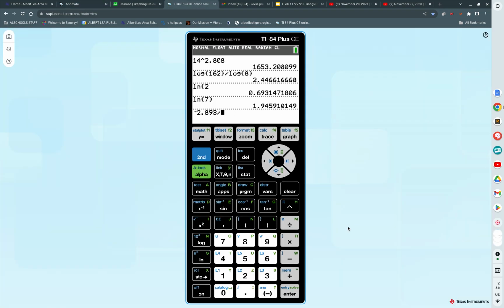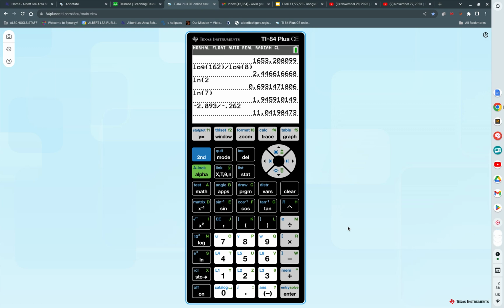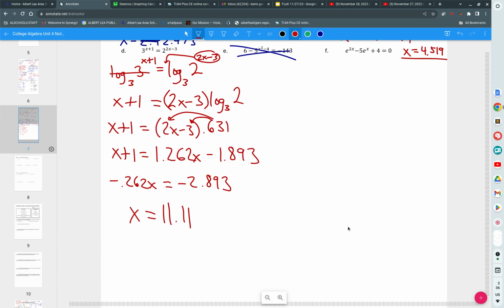Negative 0.262. Okay, 11.04. Somewhere around there. Okay, so there might be some rounding errors that come up. All right, so you've seen a couple.